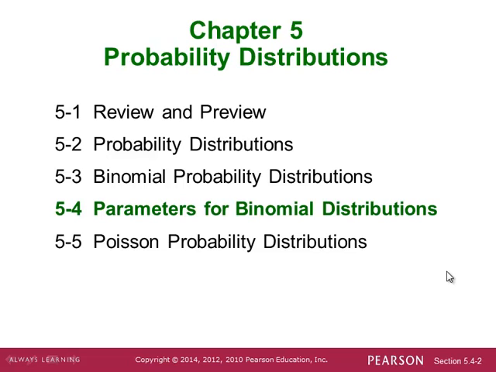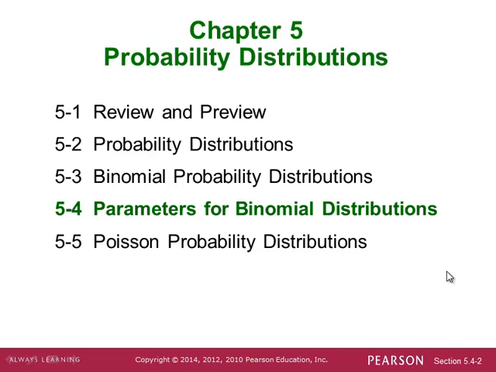Last time we talked about the binomial probability distribution, our first distribution that is discrete. We're going to talk a little bit more about the binomial distribution today, and then next time we'll talk about the Poisson probability distribution, which is another discrete distribution.